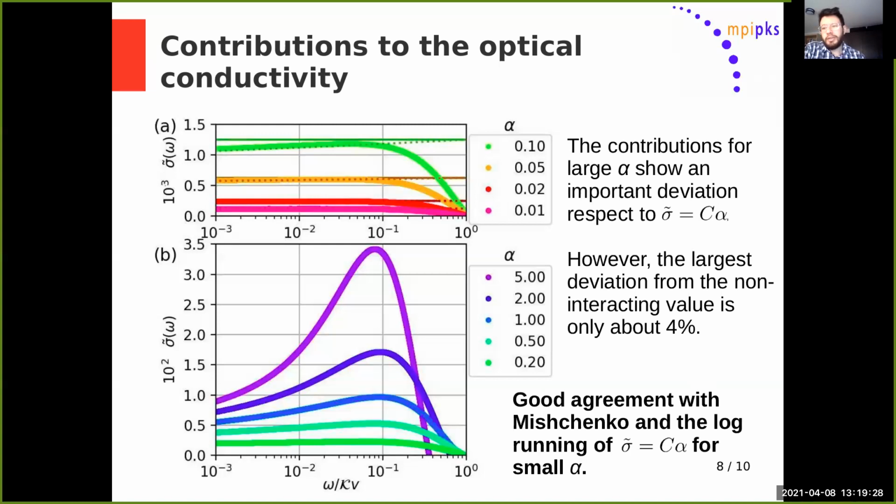But what about experimental results? This correction, as you can check here, is not larger than 4% of the full value of the optical conductivity. So it is quite a small correction. Let's check the experimental results to know if the method is consistent with them.